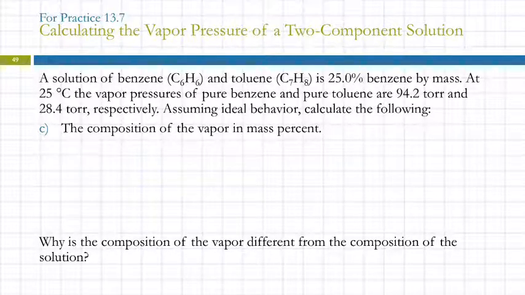Okay, so mass percent would be grams of benzene divided by 100 grams of the mixture, right? We've got vapor pressures. That's what we have to use to calculate the composition in the gas state.